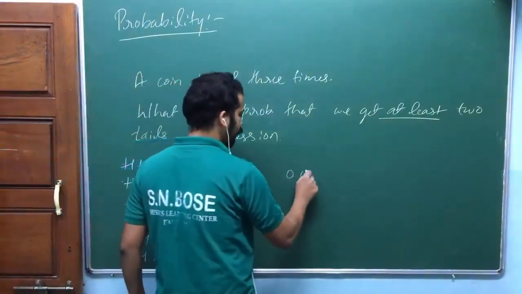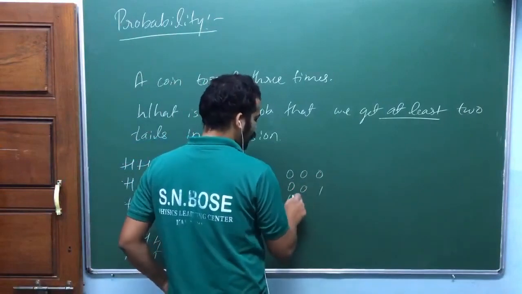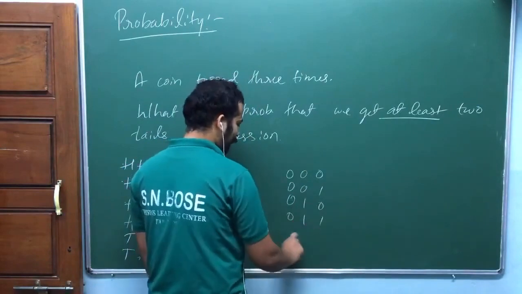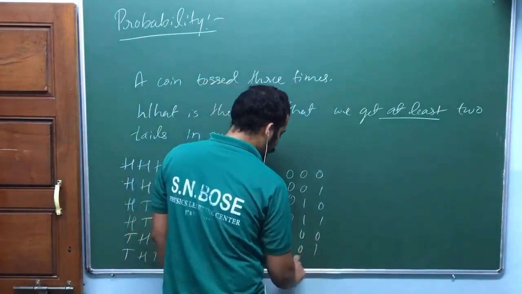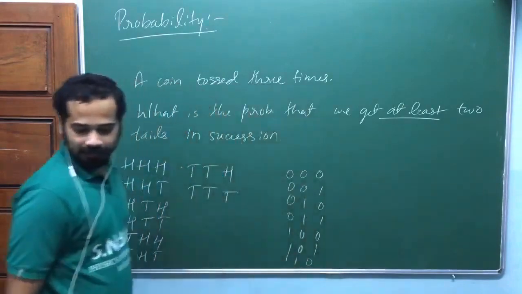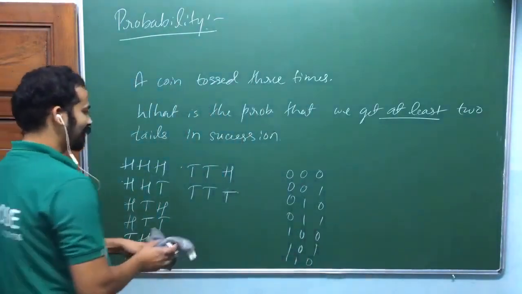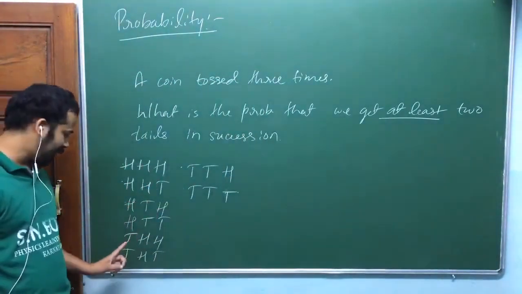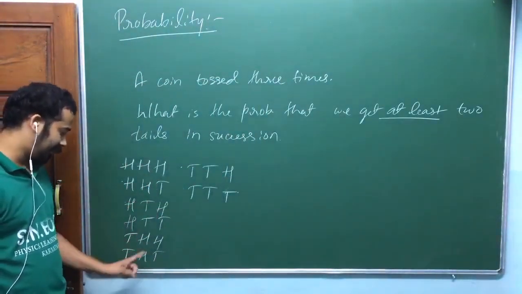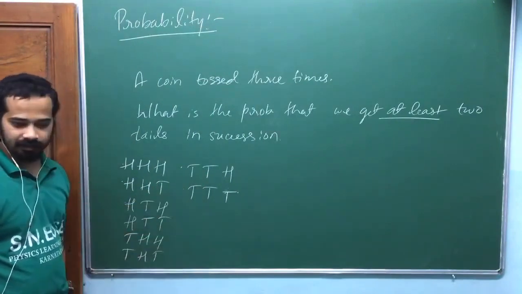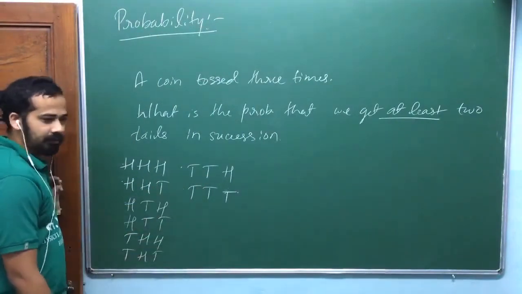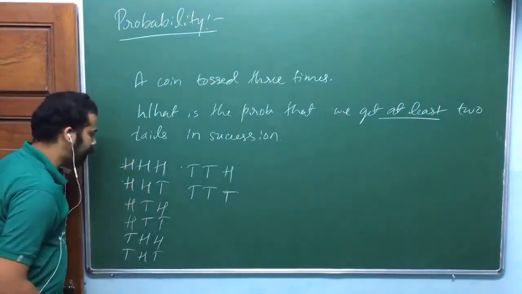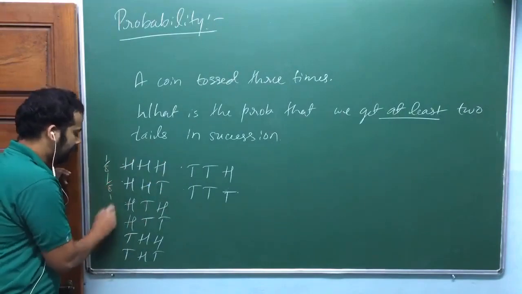I remember this from digital electronics: 0, 0, 0; 0, 0, 1; 0, 1, 0, and so on. Am I right? Each of these is equally probable. Each of these has probability 1 by 8, like that, isn't it?